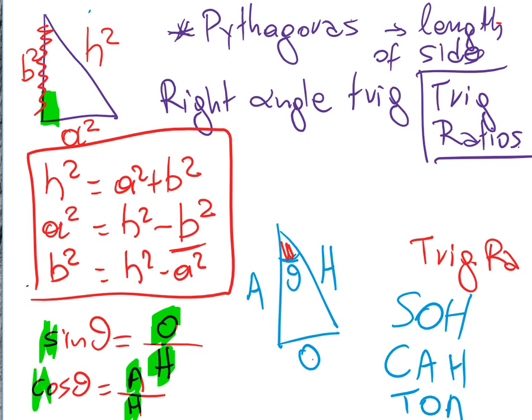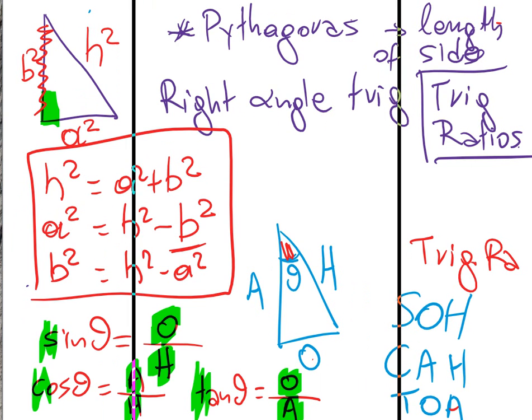And in the same manner, TOA, that means the tangent of angle theta equals a fraction of, I find it when I divide the opposite over the adjacent side. Again, tangent is the opposite over the adjacent side. So these are the ratios we use.